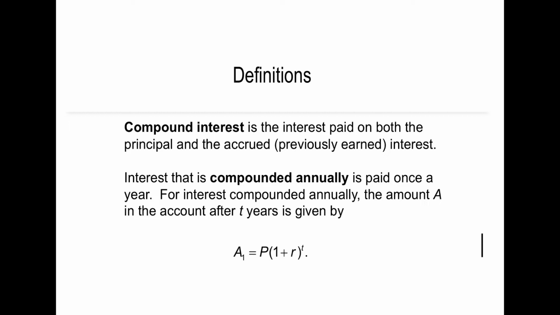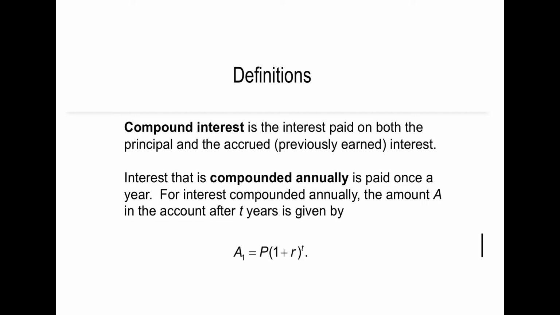Compound interest is really usually what we end up paying, and compound is the interest that we pay both on the principal and the accrued interest. For example, when we looked at simple interest, it was $480 paid every year, basically. It's a flat fee, $480.